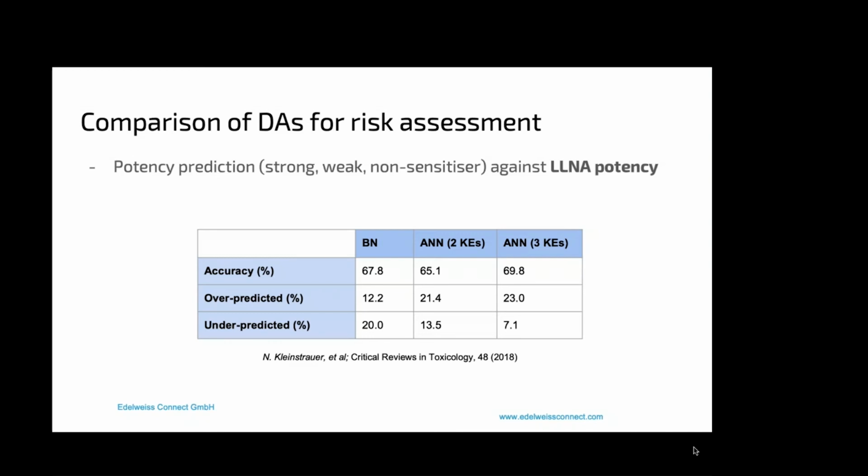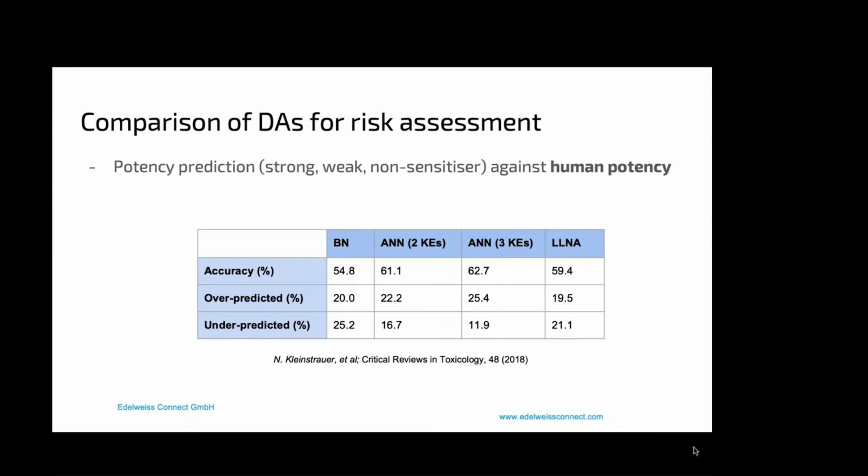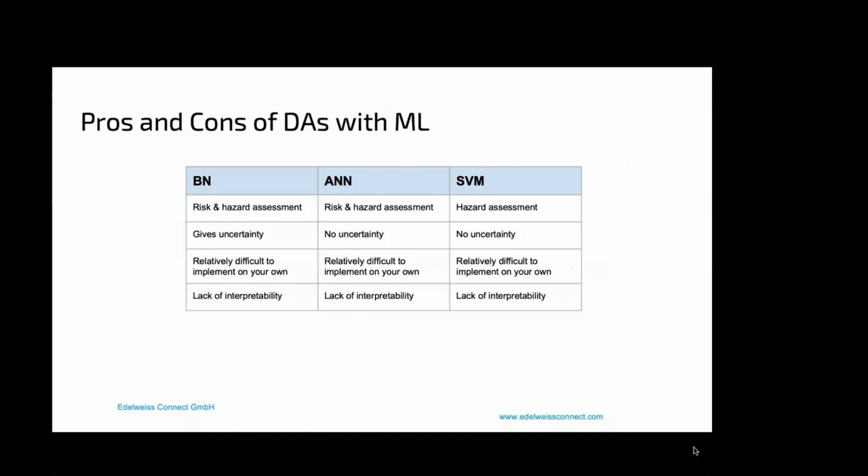If we go to the next slide, here we compare the machine learning approaches together with LLNA, how well they perform in predicting human potency, and we see that their accuracy is comparable to the LLNA.